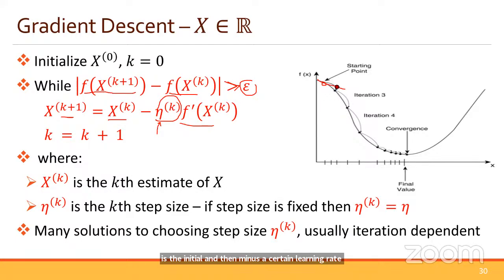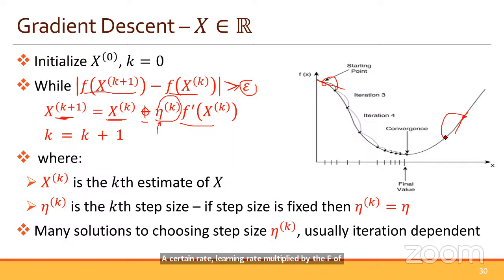Okay, so this is our derivative. If this one here is negative, that means we're gonna add a value to the x, so we will jump to the right. And the other way around, if this is the value of the weight initially, and we have the derivative as a positive value, you will see the second estimate for the weight will be the initial weight minus the learning rate multiplied by f'(x), the derivative of x.